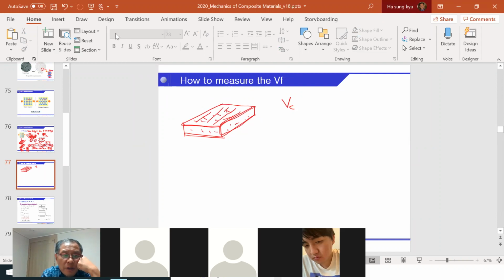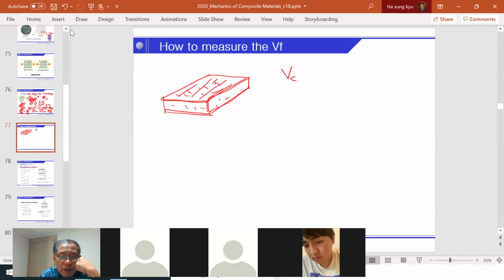To do so, again, we measure the composite volume from dimensions, or we can just pick water and put a small piece in, then the volume will increase. Just measure how much the volume increases, and we can get the volume of this composite.